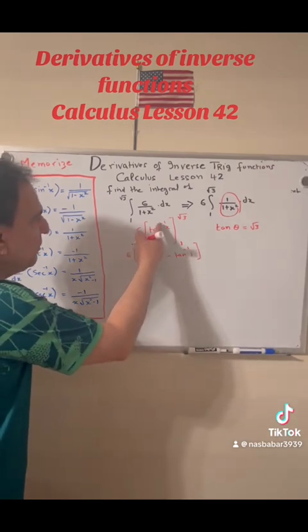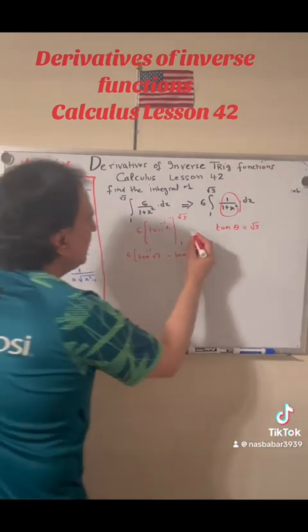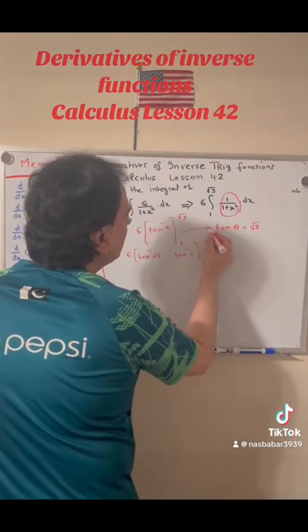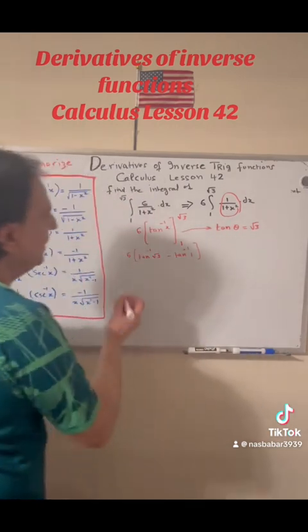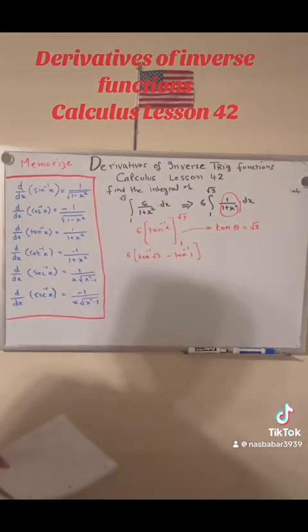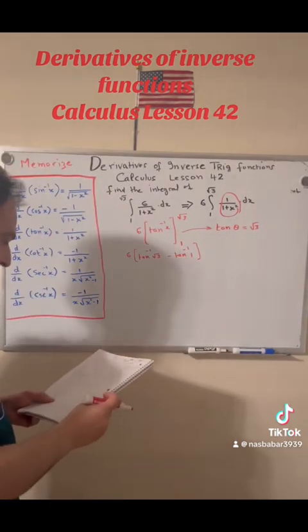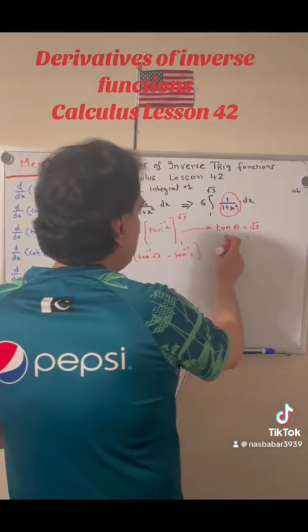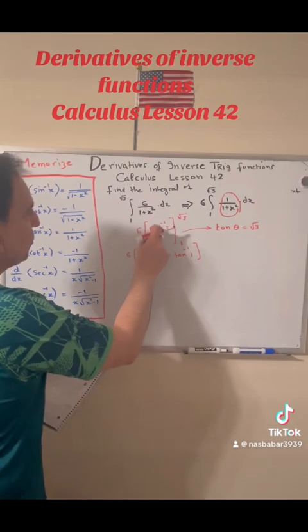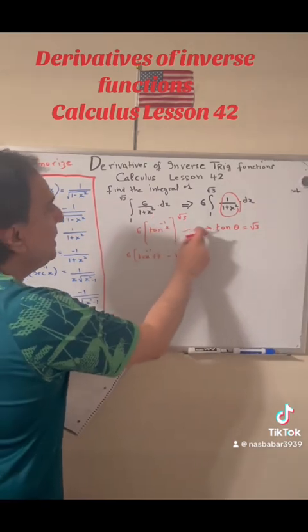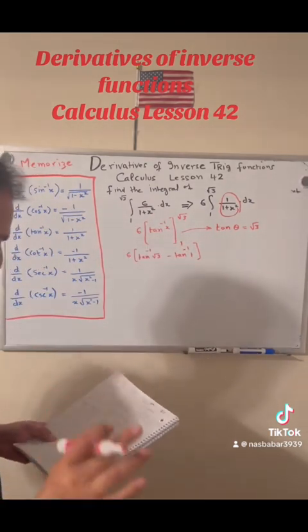Tan inverse of x means tan of a certain angle gives me under root of 3. So tan theta is equal to under root 3. Keep that in mind, okay?